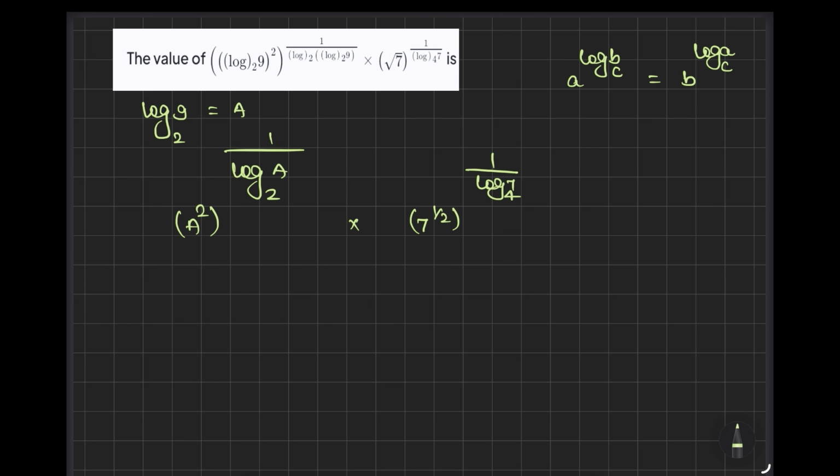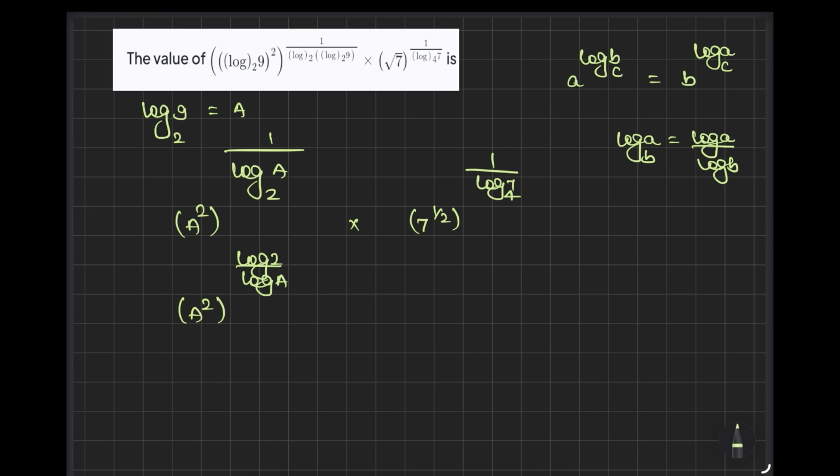Now look at this. Can I write down the same element as a square power log 2 by log a? I'm breaking this, applying this property log a base b as log a by log b.